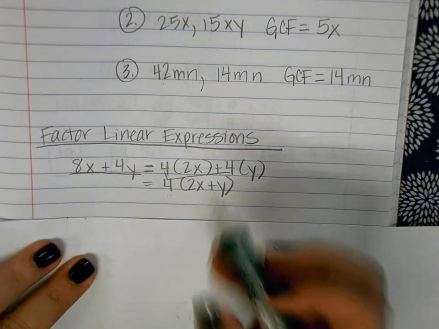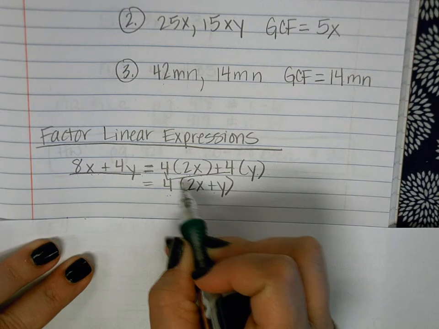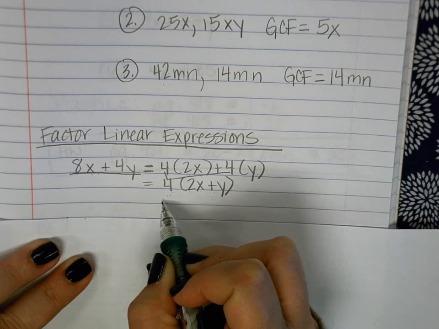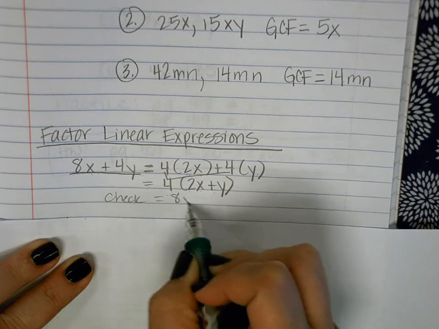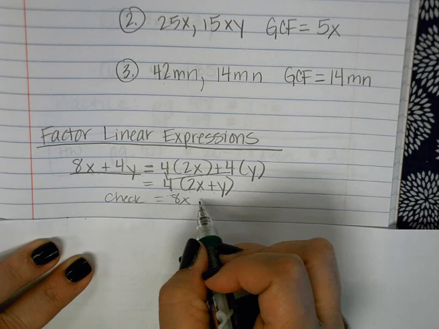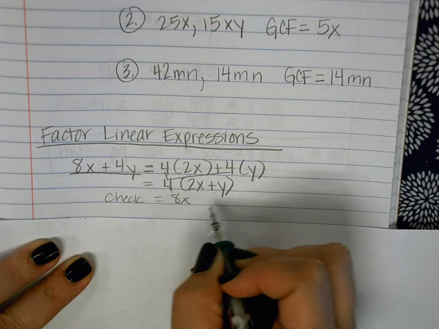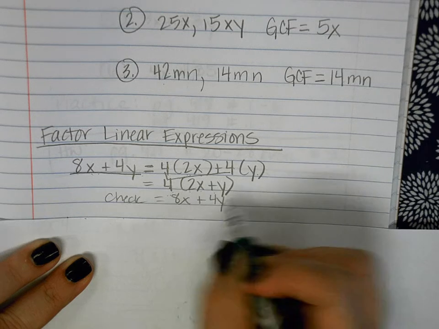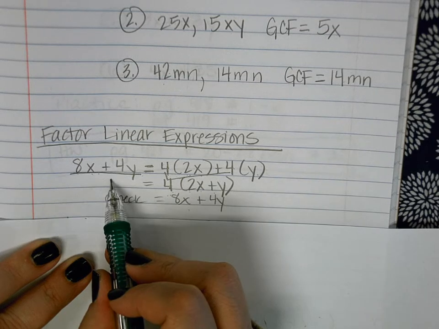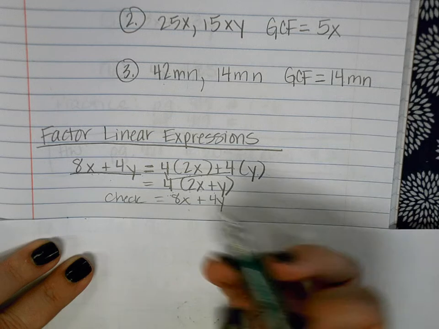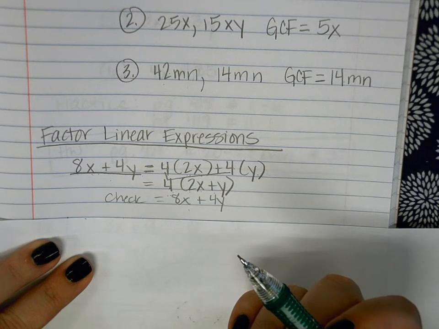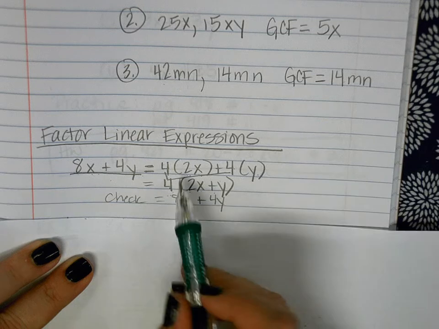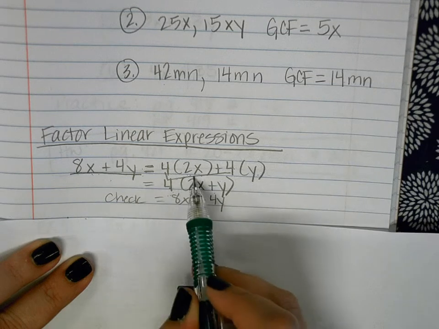Let's try it. Let's redistribute. What's 4 times 2x? 8x. And what's 4 times y? 4y. It's kind of like working backwards, right? So we have 4 we can take out of both.